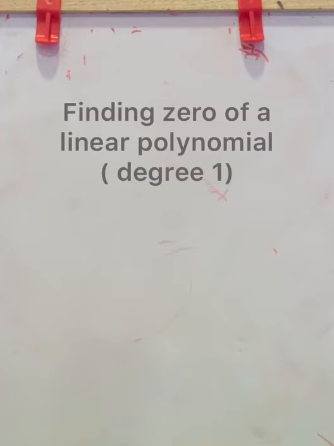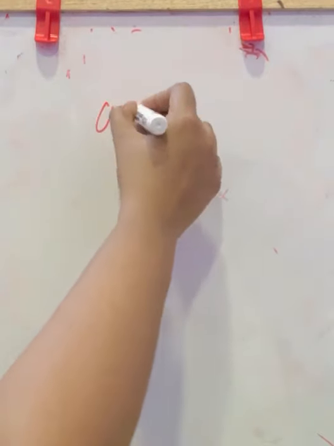Now next is how to find the zero of a given polynomial. Here we are having linear polynomials, then it is so simple, we can just equate it to 0. Linear polynomial means its degree is 1, and the general form is ax plus b.